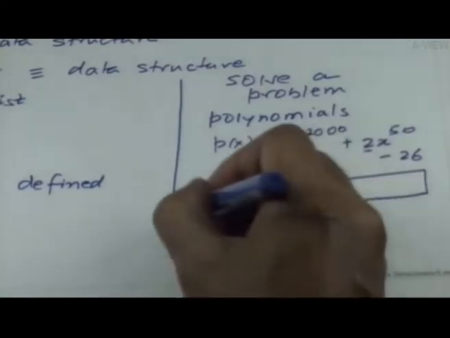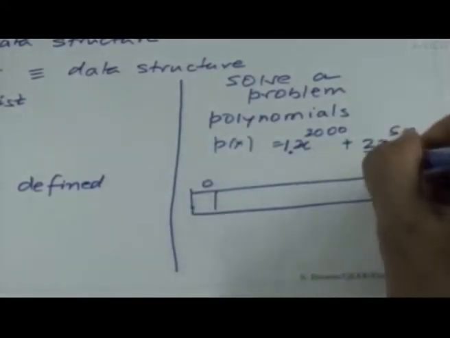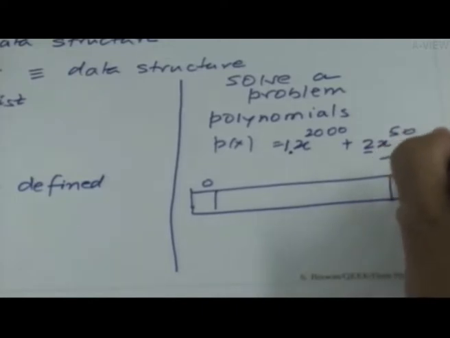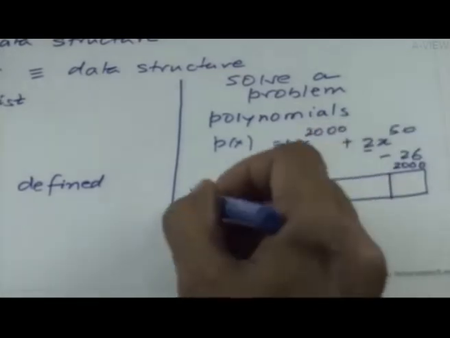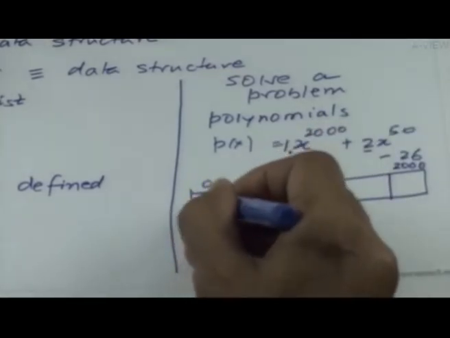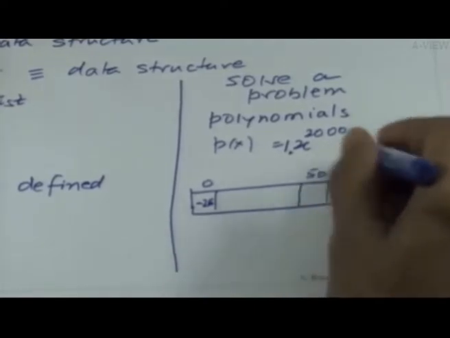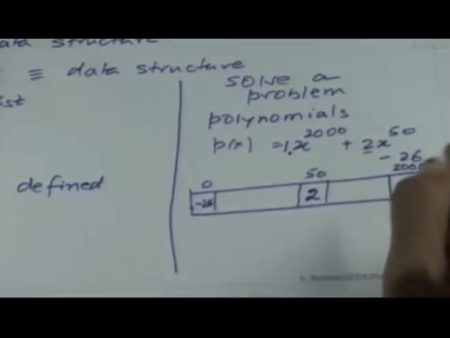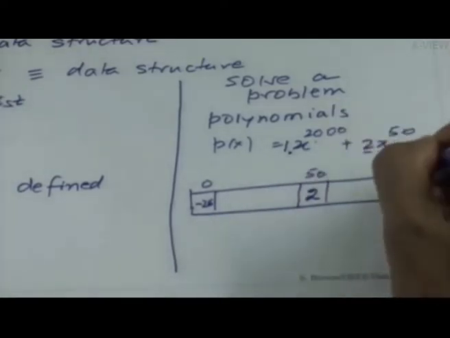No issues. Indices 0 to 2000. In the place write the coefficient. The constant term is minus 26, please write it here. At position 50, the exponent value 50, please put the value plus 2. And at the place 2000, please put the value 1.